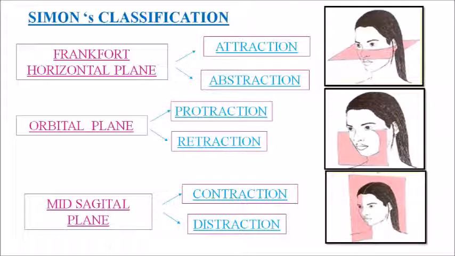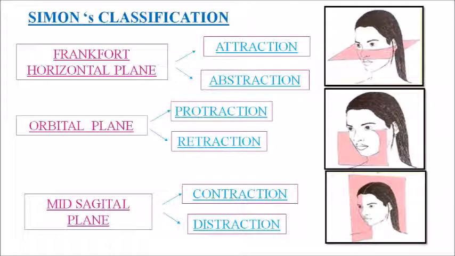Now coming to the mid-sagittal plane. This is used to describe the malocclusions in a transverse plane, and when part or whole of the arch is coming close to the mid-sagittal plane, it is called contraction. But if it is moving away from the mid-sagittal plane, it is called distraction. So these are the basis for the classification proposed by Simon.